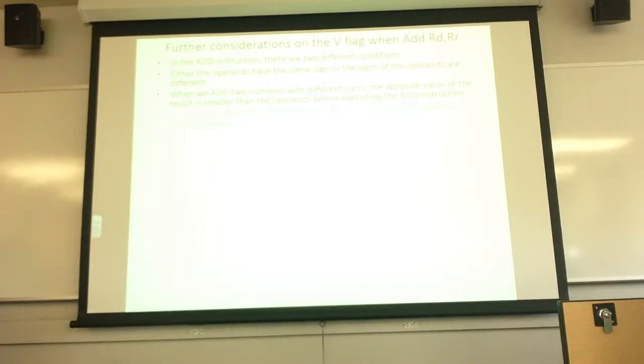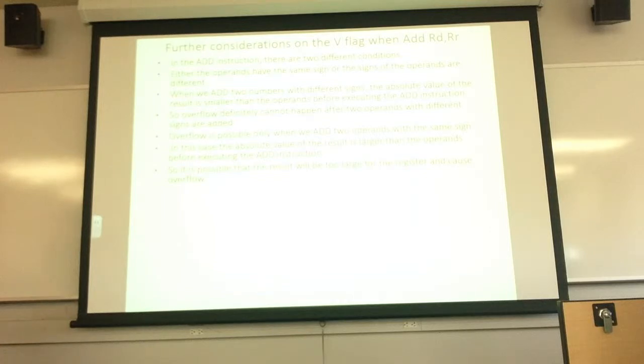Overflow can only happen when you have the same sign, and in this case, the absolute value of the result is larger than the operands before executing that add instruction. That's going to give me an overflow.